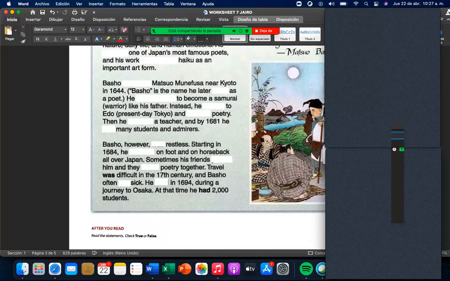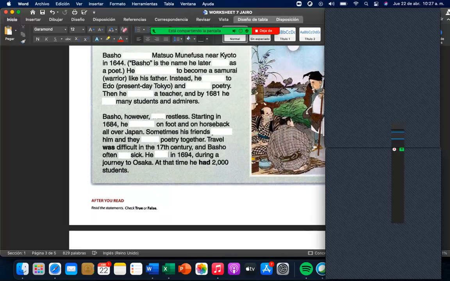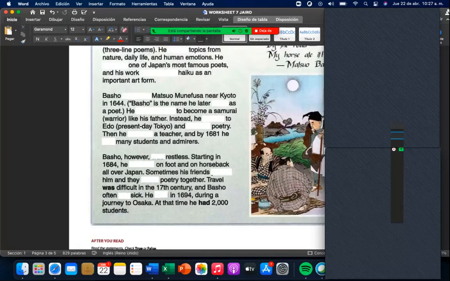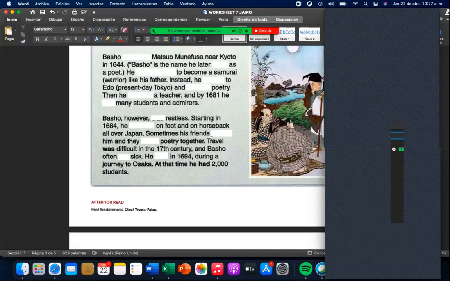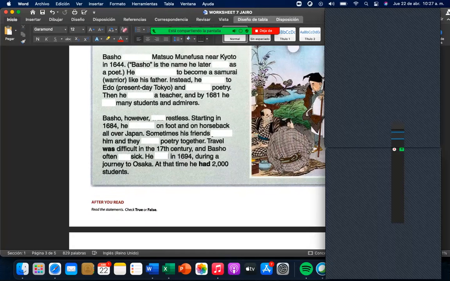Okay, good. Let's continue here. So Basho, then, okay, no, I need another volunteer. Anybody to read the second paragraph? I want to. Okay. Felipe, and then Nidia. Felipe, you're going to read until this period here, father, okay?